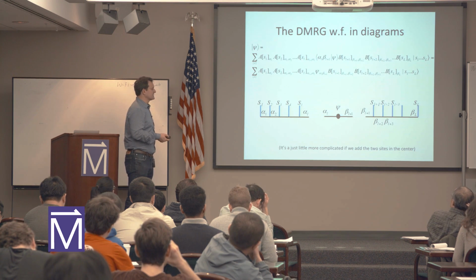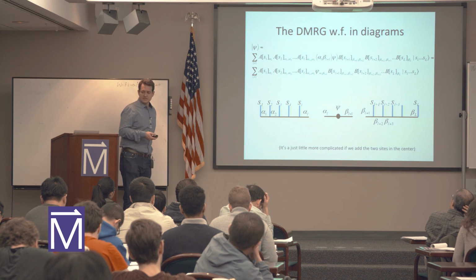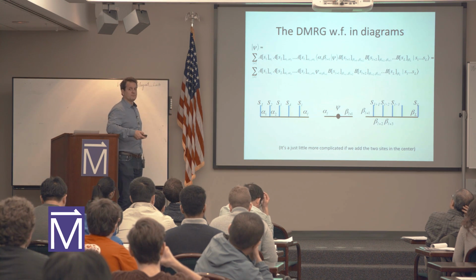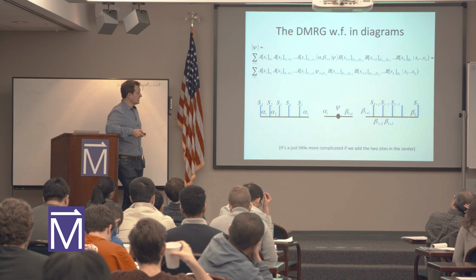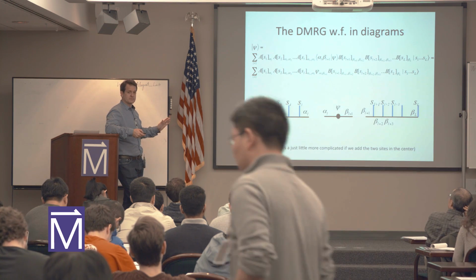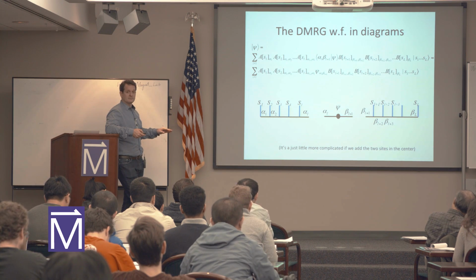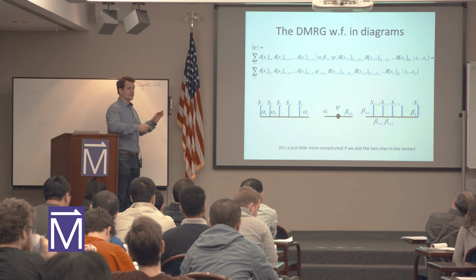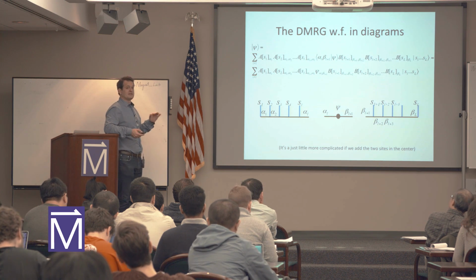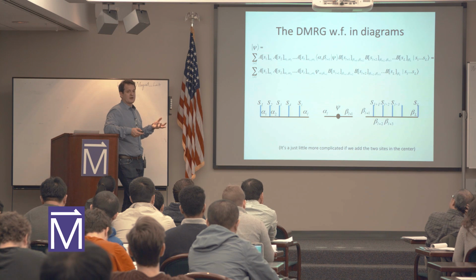Well, the matrix states are very elegant and are very powerful. So you can, as I told you, completely reformulate and rewrite DMRG in terms of matrix states and write an algorithm to optimize these matrices directly. It turns out, if you ask me, DMRG is easier to implement, but the modern take on this is most people learn in terms of matrix states, and they do it with matrix states.